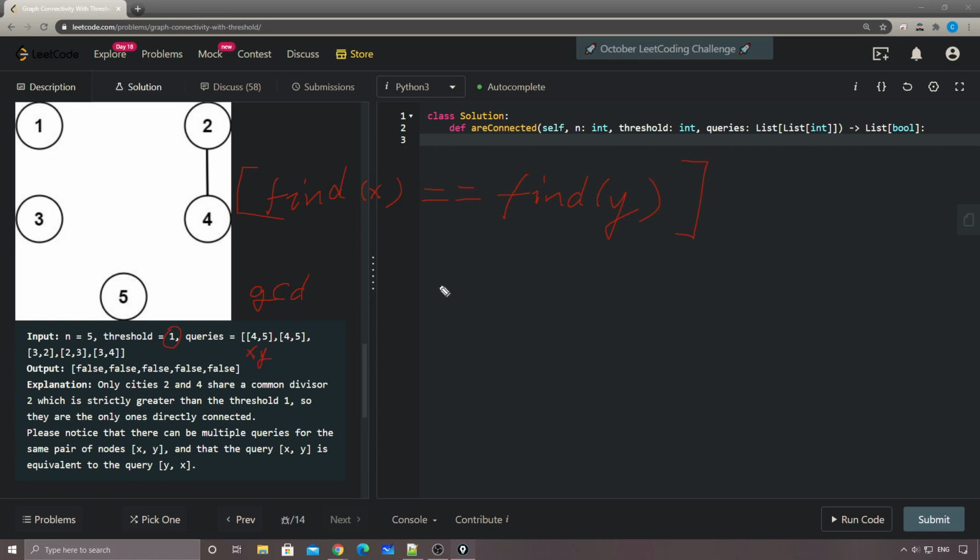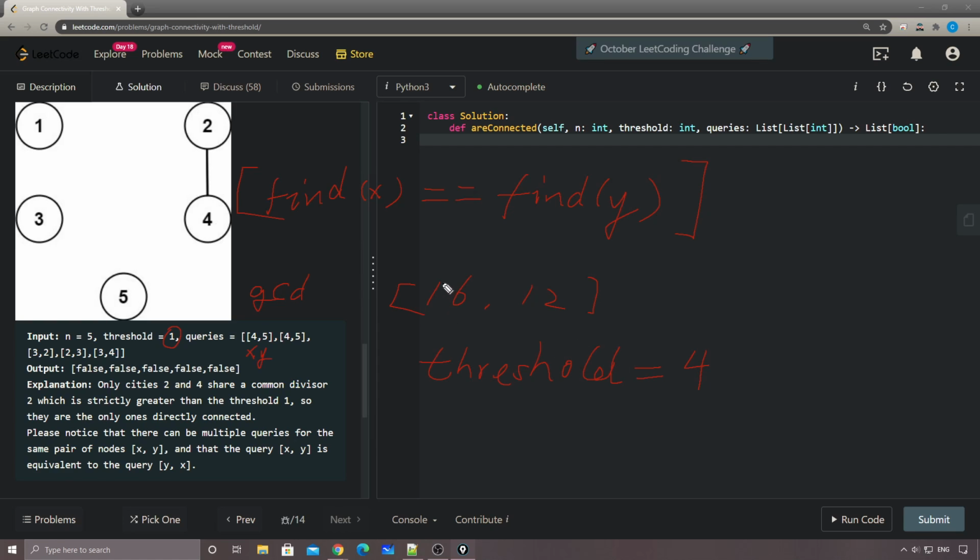Because let's say, for example, we have 16 and 12, and this threshold, let's say this threshold equals 4. Okay.